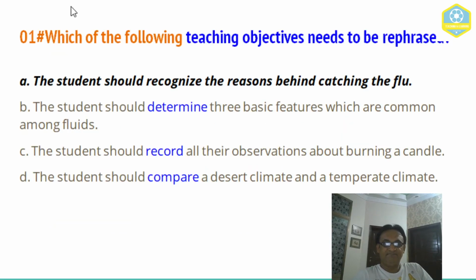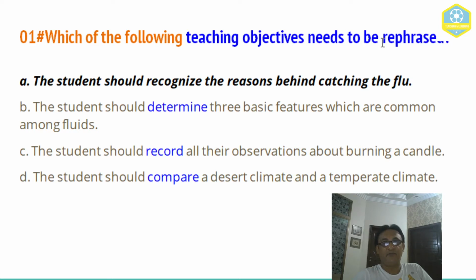Now first, question 1, which is related to Bloom's taxonomy, and this is talking about the learning objectives or learning outcomes. Which of the following teaching objectives needs to be rephrased? So you have to find which one needs to be modified, or is not appropriate.